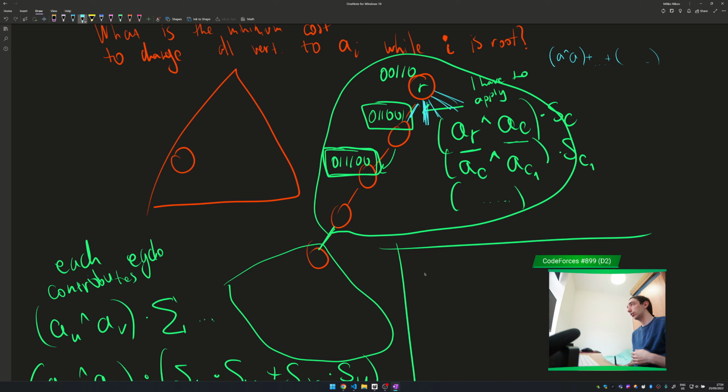what does the math look like here? The math, we have some cost here.